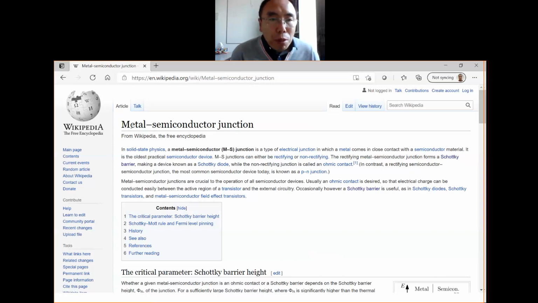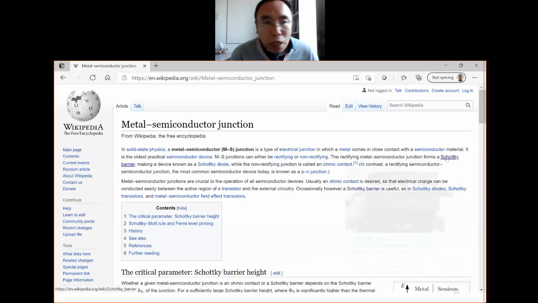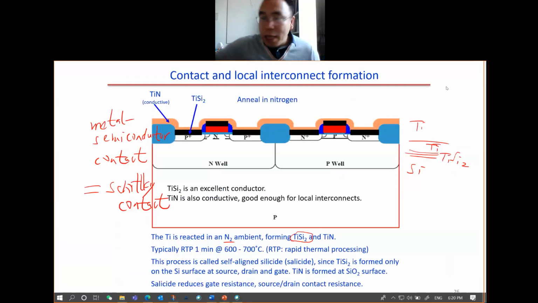When we put the metal on the semiconductor, we may have this thing called the Schottky barrier. That means there will be very high resistance. If you draw the energy band diagram, it's something like this.